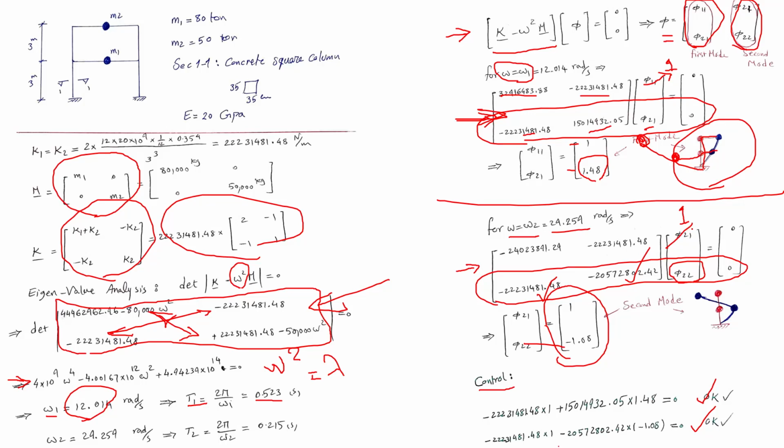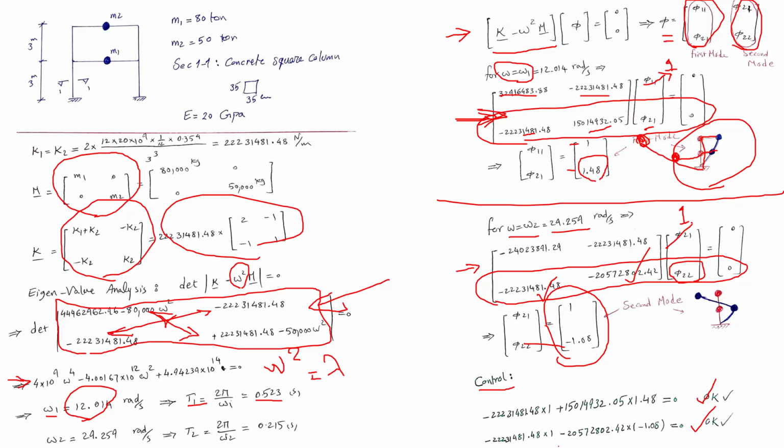If you remember, we talked during the lectures about how the first mode contributes to the final deformation of the structure more than 90%, or sometimes 95%, in most common and symmetric structures.